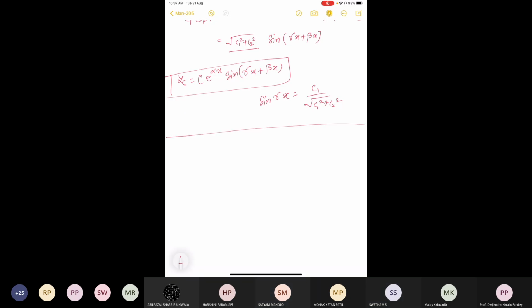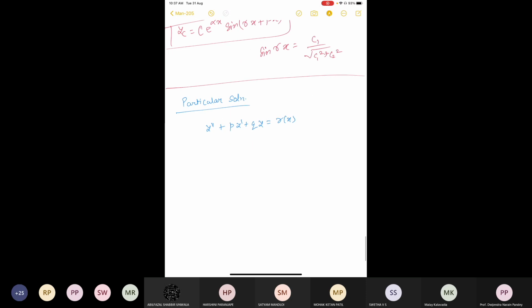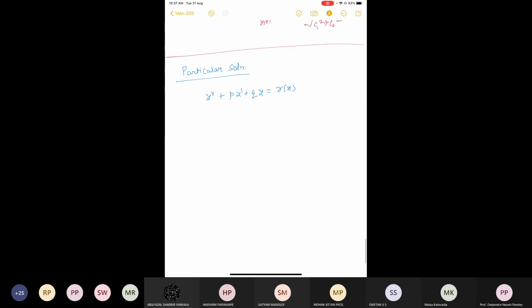Now let us move ahead. Now we are moving to find out the particular solution. So we are considering y double dash plus p y dash plus q y equal to r(x). Now r(x) is non-zero, and I'm assuming that we have already found yc, so yc is already known to us.